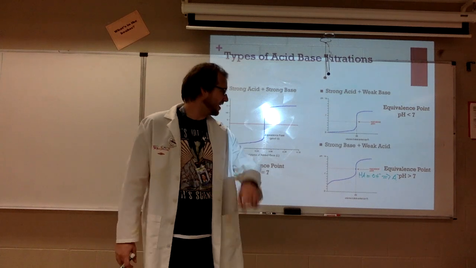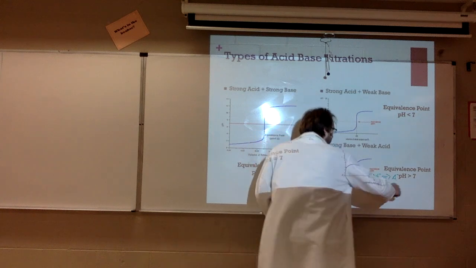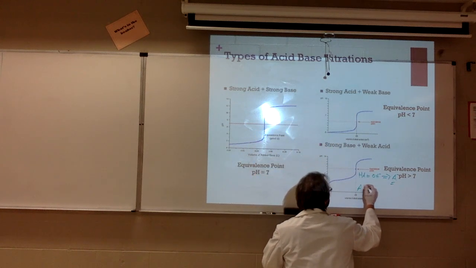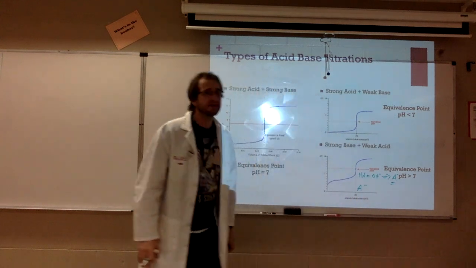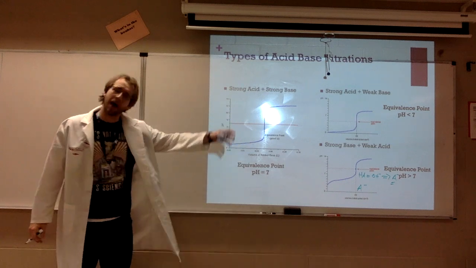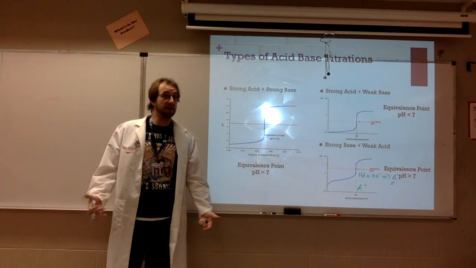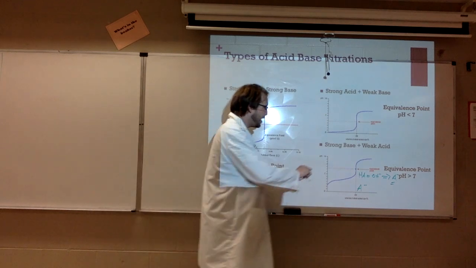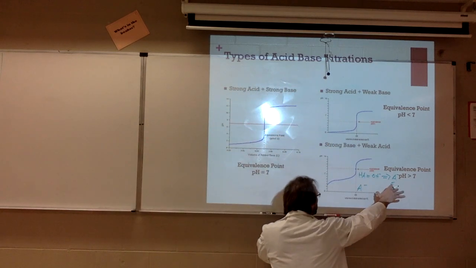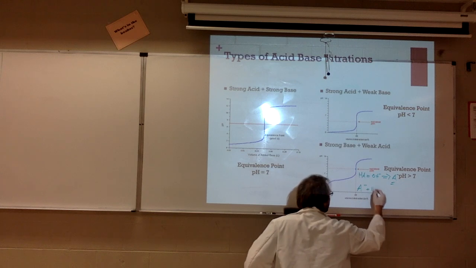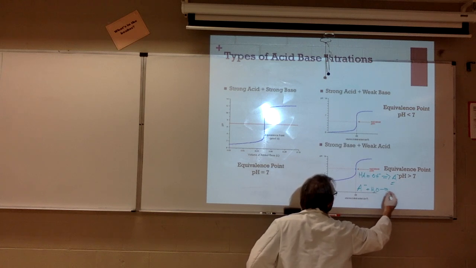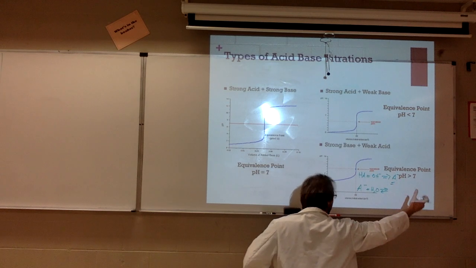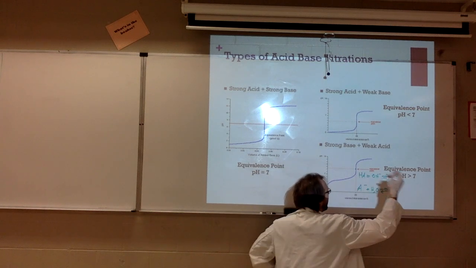But here's the kicker. Because now all we have floating around in solution is this A-, there's only one other reactive species in the beaker for this A- to react with. And it's the thing that we have billions and billions and billions of molecules of, the water. And so what actually ends up happening, yes, we are at the equivalence point, but because there's water present, we actually have a reautoionization.